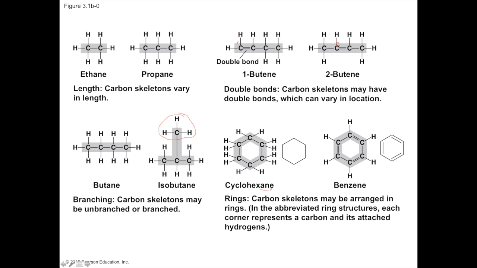Cyclohexane versus benzene. One thing I want to point out, not really that important for this class, but something to lock in the back of your brain: when you have all single bonds, the ending is going to be -ane. If you have at least one double bond, the ending is going to be -ene.